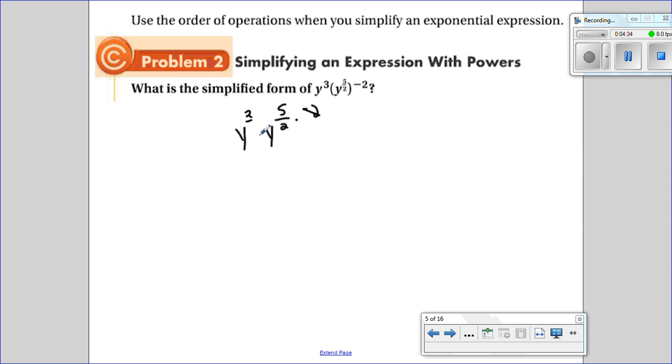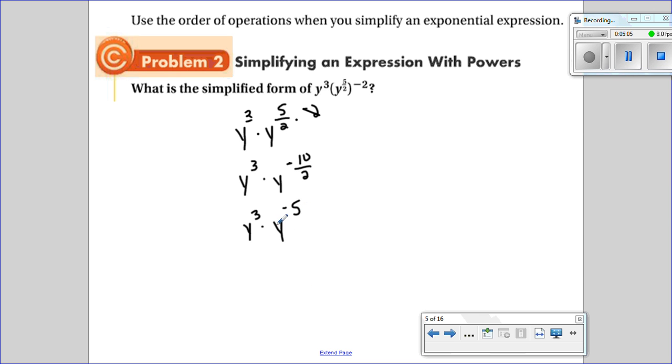That would turn into, I'm going to replace this down here, 5 times -2 would be -10. So y to the -10 over 2, which turns into y to the negative fifth.